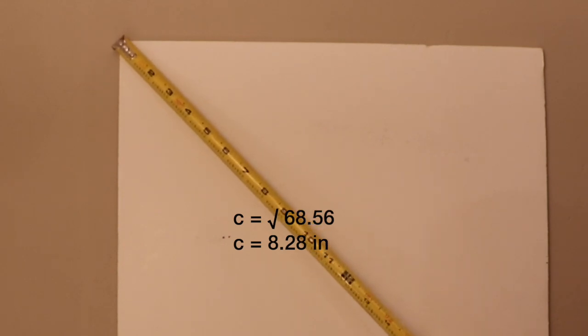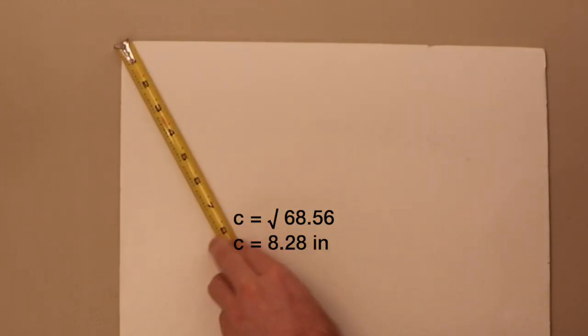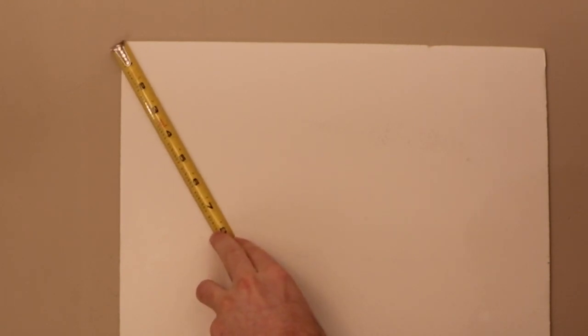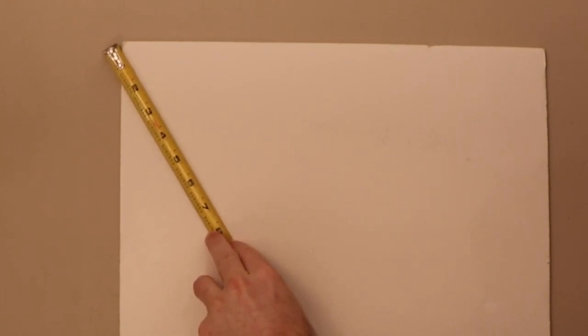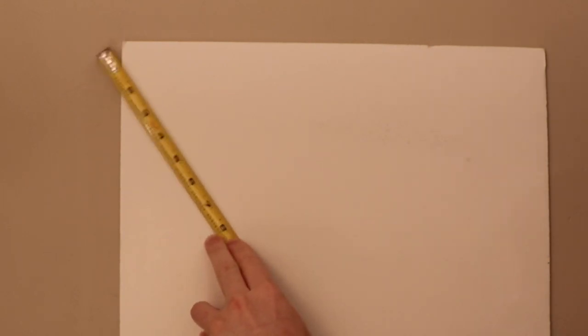We go to our corner here, and we're measuring right down to this point, and yes, that comes out about right. It's just shy of this first big mark after 8 inches. So right about 8.25, a little bit shy. So there we go. There are two examples proving empirically the Pythagorean theorem.